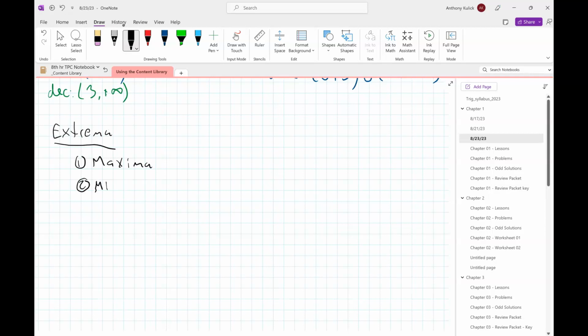And then there's minima, that's the plural for the word minimum. And actually, there's two types of maxima and two types of minima. There are local maxes and mins, and then there's absolute or global. Those two words get used interchangeably, maxes and mins.